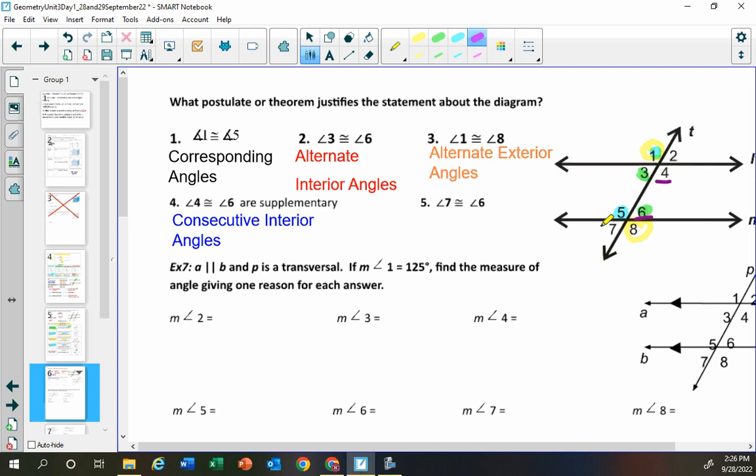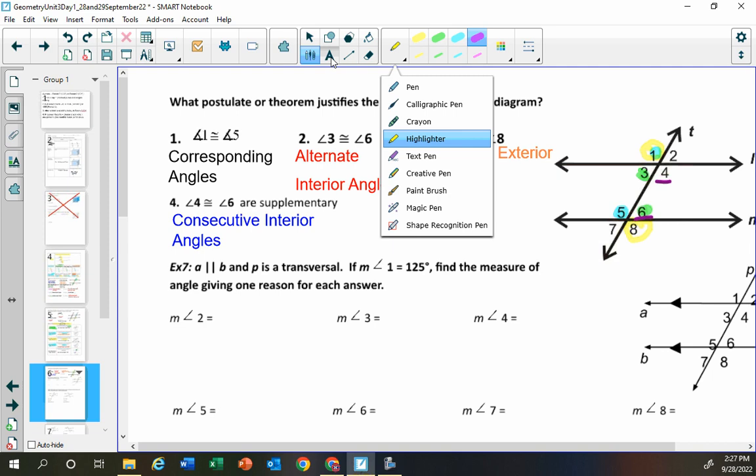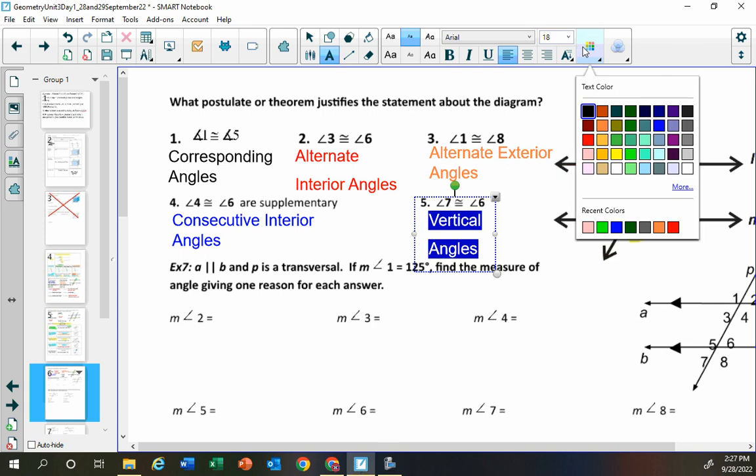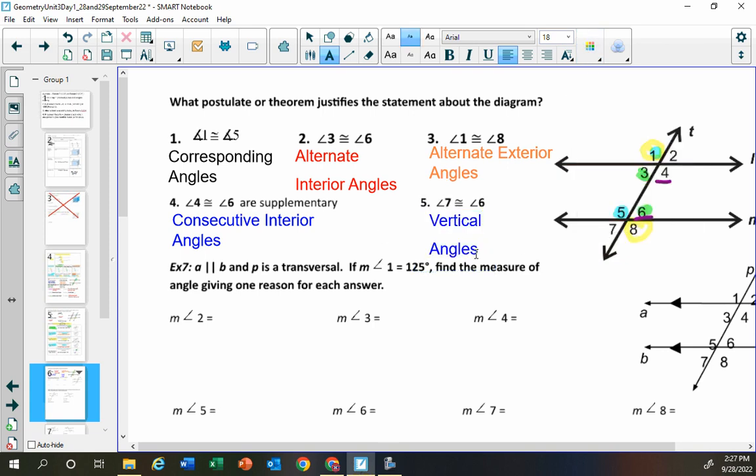They're going to be vertical angles, that's right. Good job. These are going to be vertical angles.